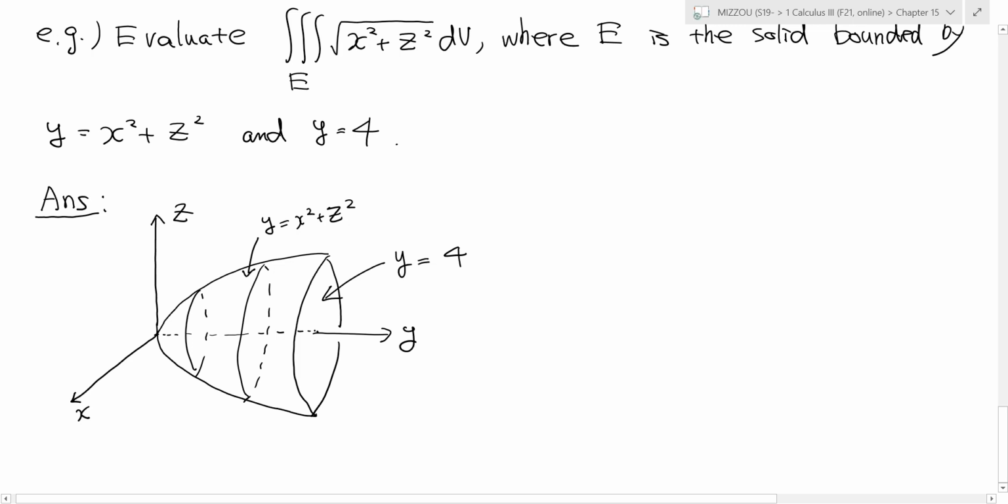So in this case, basically this is a solid sandwiched by the paraboloid and the plane. So it's better to fix x and z and integrate with y.